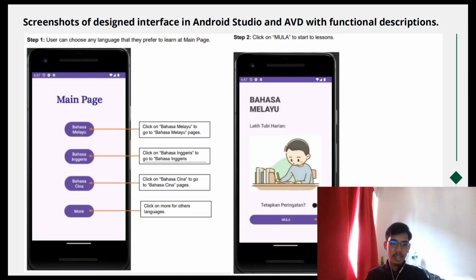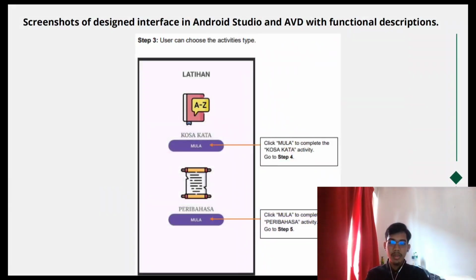The second page, in the Bahasa Melayu page, user can turn on notification if they want to be reminded of their daily exercise and activity. User needs to click on Mula to start the lessons. Under the lessons, user will be redirected to the activity page, where user can choose either to train themselves in kosakata or peribahasa.